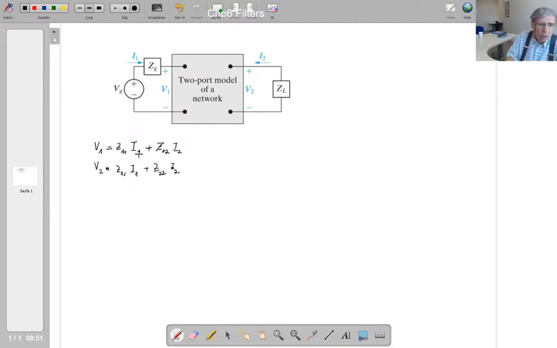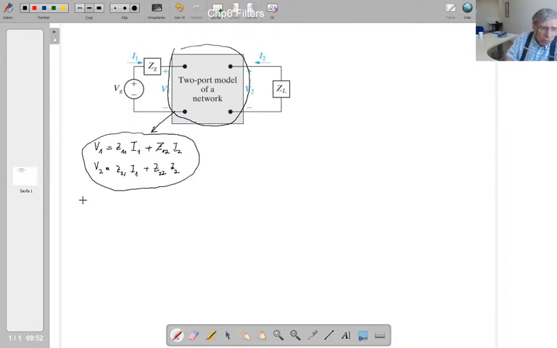These are the Z parameters, the definition relation of this circuit, isn't it? So this is the circuit model. And our unknowns are V1, I1, V2, I2. So there are 4 unknowns and 2 equations. We need to write 2 more.